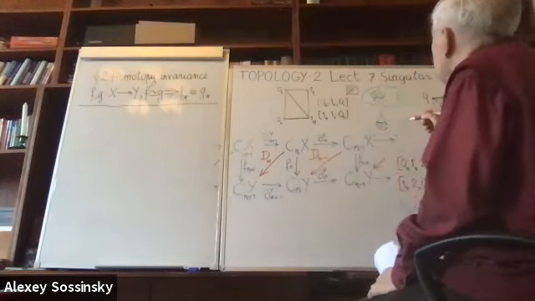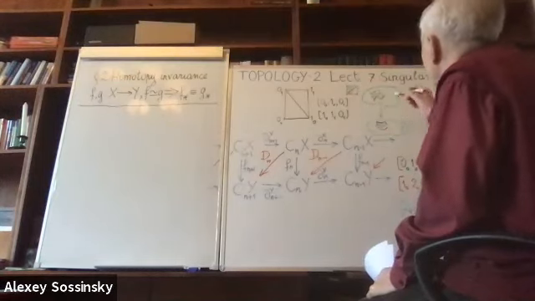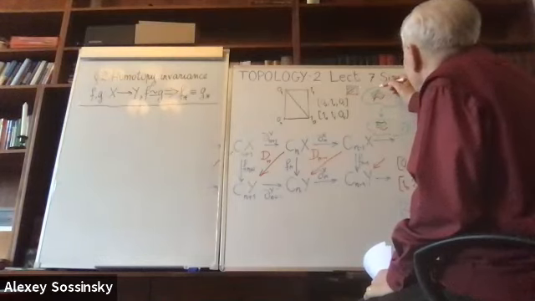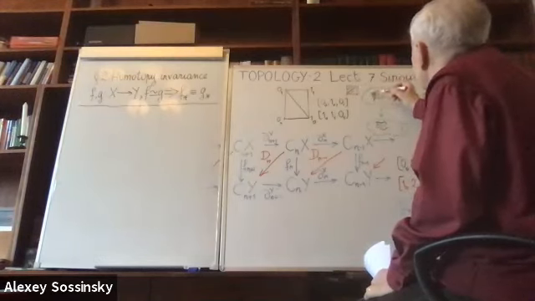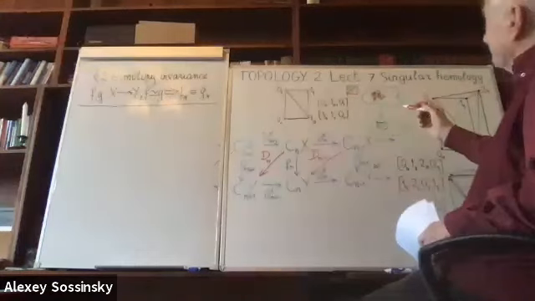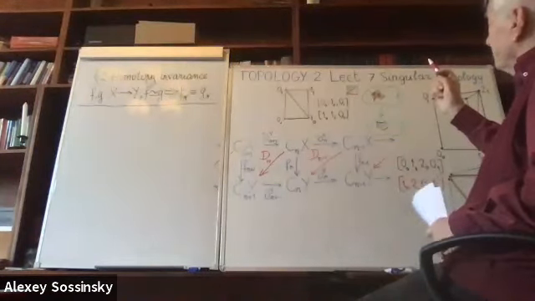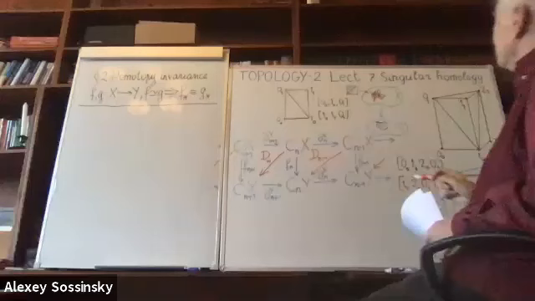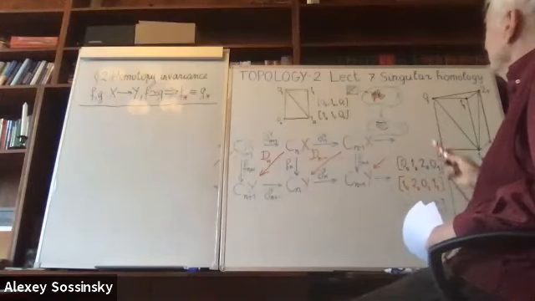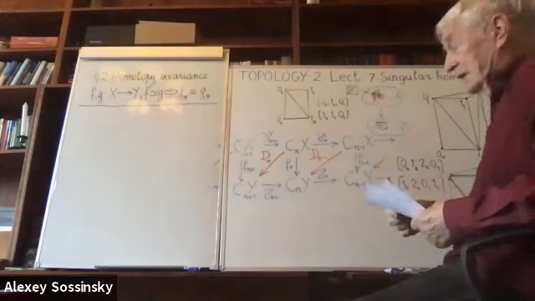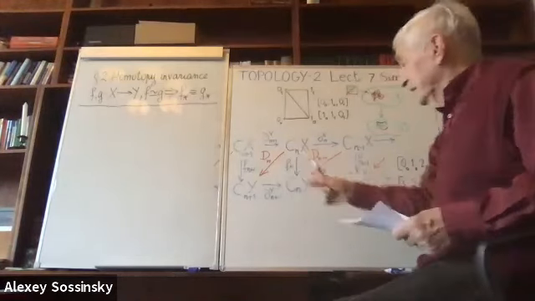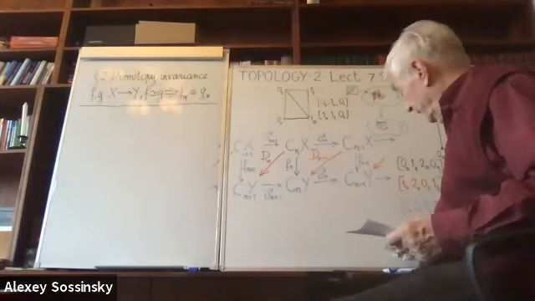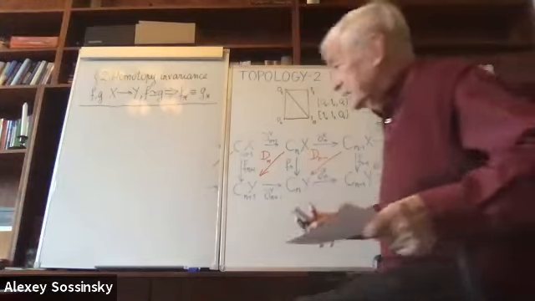And what we have here are actually two singular simplices of dimension 2. So this situation will allow us to define the boundary operator. We will do this as follows. It's not at all trivial.